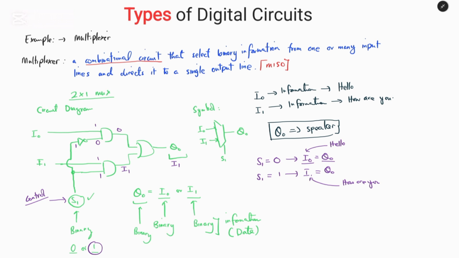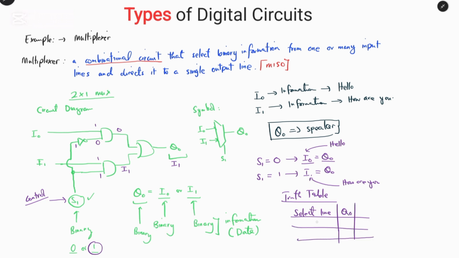And when we want how are you to pass through the multiplexer to the speaker, that means we normally apply a binary 1. So let us describe using a truth table, and we can say that the input, let's say the select line, the select line is our input and our output is Q0.